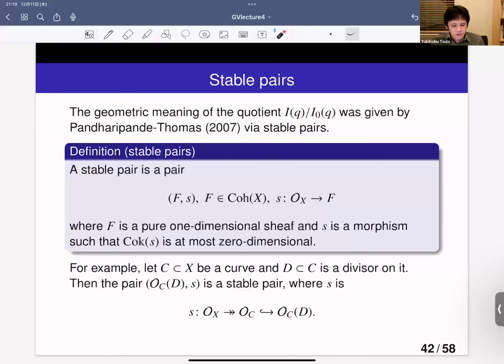Then by definition, a stable pair in the sense of Pandharipande-Thomas is a pair of F and s. F is a pure one-dimensional sheaf. That is, F is a coherent sheaf whose support is one-dimensional.